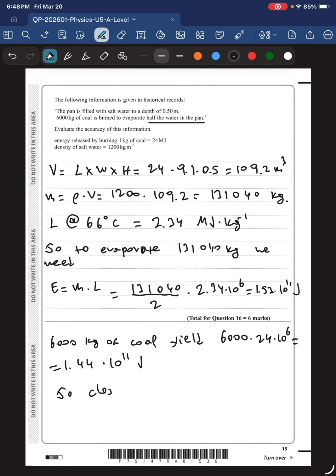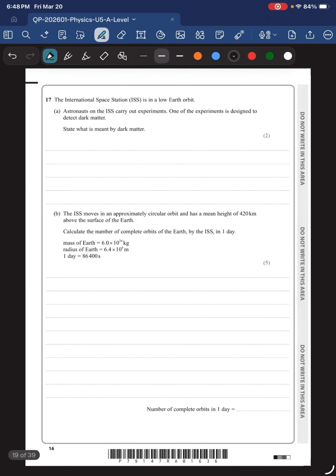So close, but not accurate. Okay, but to think that they burn coal to make salt is crazy. So anyway, let's move on to question number 17.